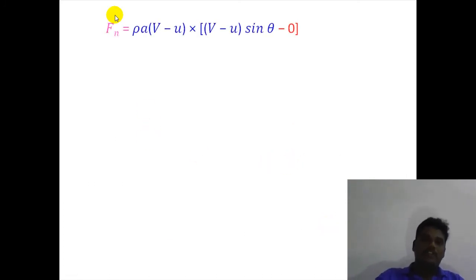That implies Fn is equal to rho A (v minus u) into (v minus u) sin theta. So the normal force acting along the direction of the jet is rho A (v minus u) square sin theta.